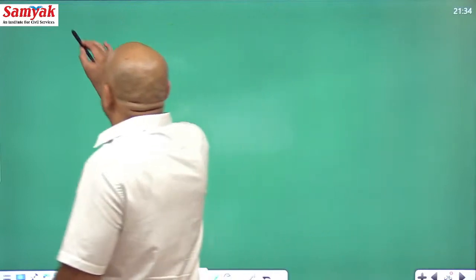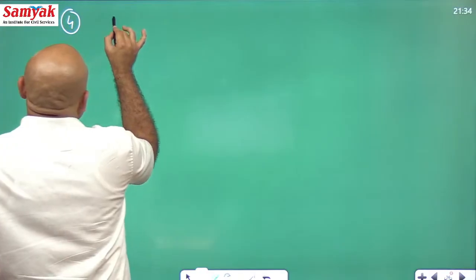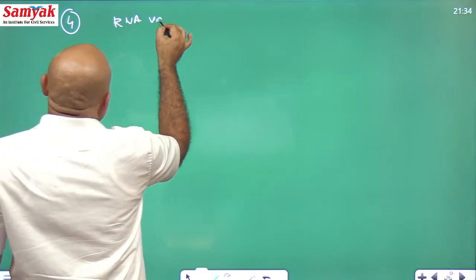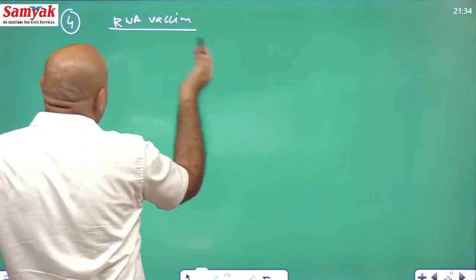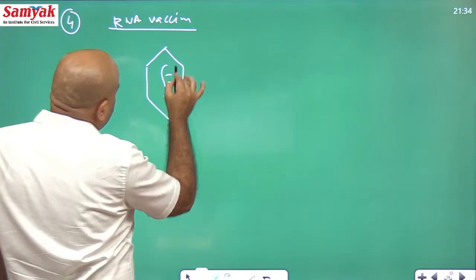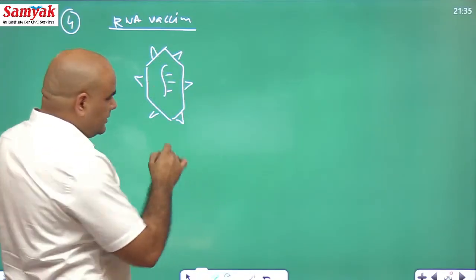Now, the fourth type of vaccine is the RNA vaccine. Now, what is an RNA vaccine? This is the COVID-19 virus.